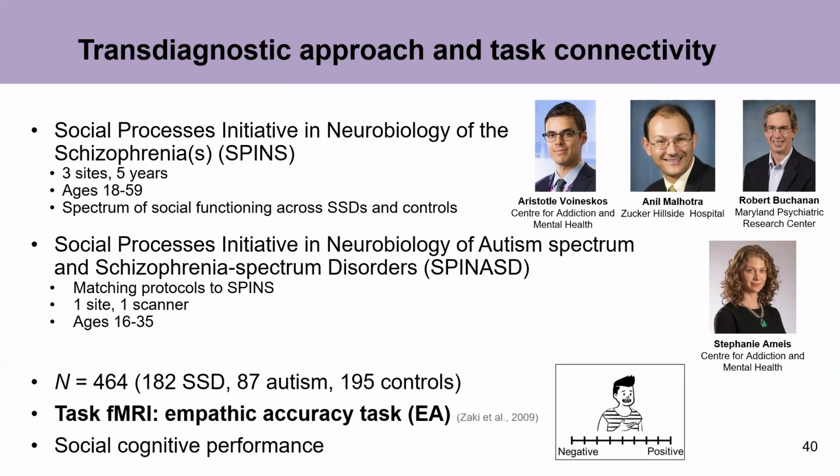This is my sample size. And instead of resting state, we look at task connectivity. The map that you saw earlier is from a social processing task where participants watch a video of someone describing an event. They need to rate how positive or negative their emotion is. I take the functional connectivity from that task, decompose it to give me the map I showed earlier, and I want to see how that relates to my social cognitive performance.